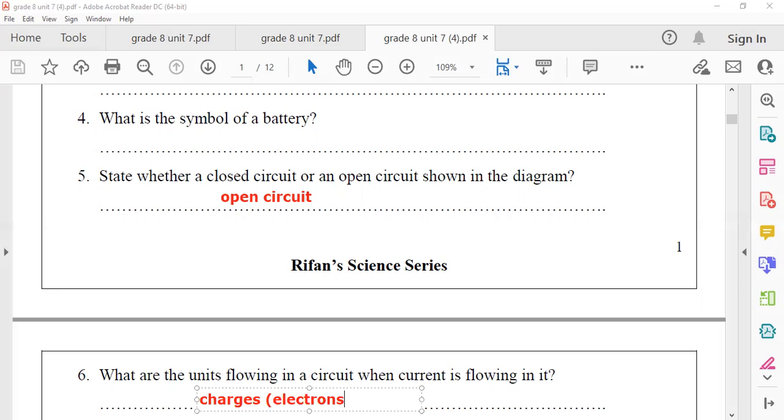They are called electrons, or they are called negative charges. But if you write the word charges, it is enough for you.